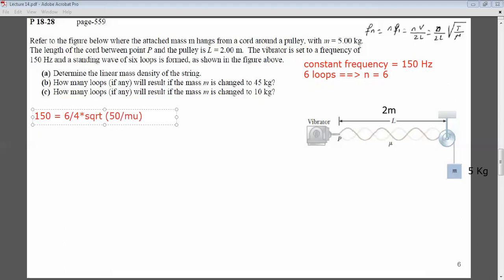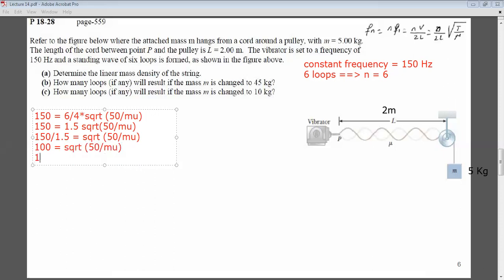And now how to solve this? So 150 is equal to 6 divided by 4, which is 1.5, times the square root of 50 divided by mu. So 150 divided by 1.5, which is 100, equals the square root of 50 over mu.